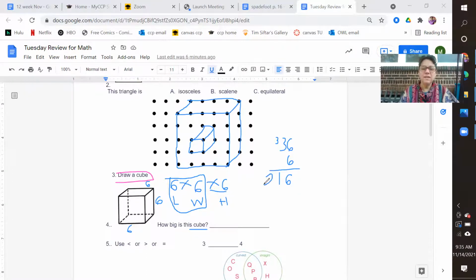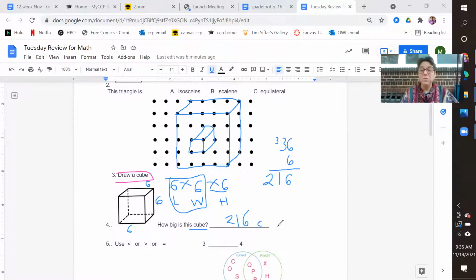And that's the answer, 216 cubed, whatever it is. So it might be centimeters, it might be miles. We don't know. Okay, so that's the answer.